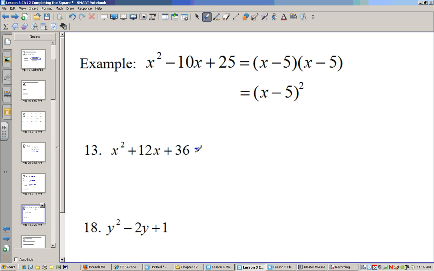Now if we're going in the opposite direction, this will be x plus 6 squared, and that's because half of 12 is 6, and the square root of 36 is 6. This one we'll do x minus 1 squared.